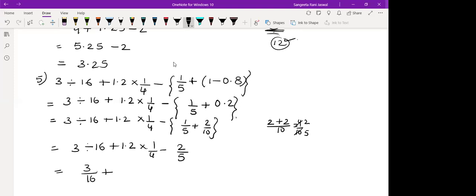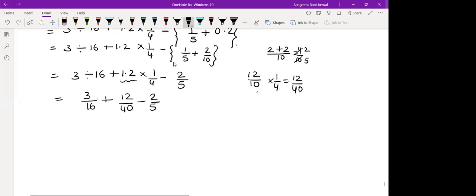So 1.2 can be written as 12 by 10, and 1 by 4 is multiplied with this. I'm just simplifying the numbers first. So this can be written as 12 by 40, minus 2 by 5. Now we have all these numbers in the fraction form.